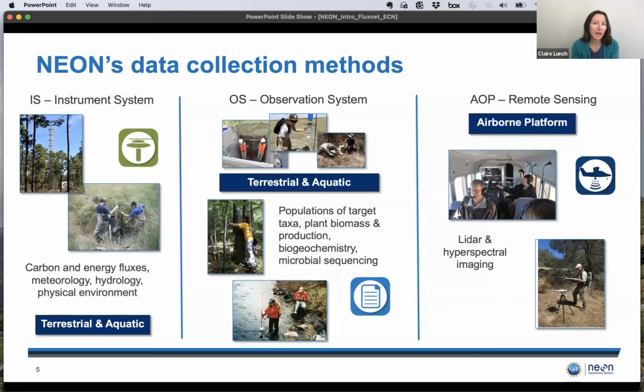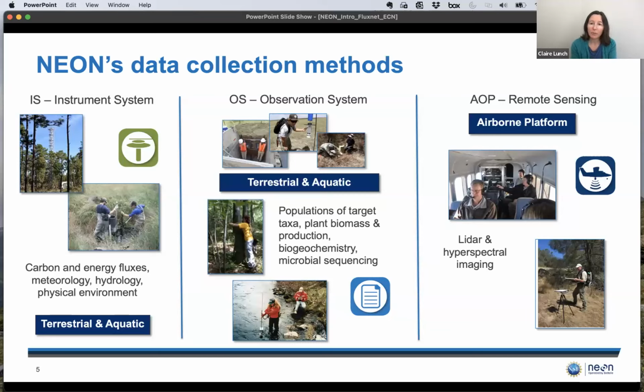So the instrumented system includes the flux towers, so monitoring of carbon and energy fluxes, basic meteorology, things like radiation, temperature, precipitation, hydrology in the aquatic sites, all those sorts of things. The observation system is monitoring target taxonomic groups, things like plant biomass and production, biogeochemistry in plants, soils, and aquatic systems, and a little bit of microbial sequencing and a little bit of disease sequencing as well.